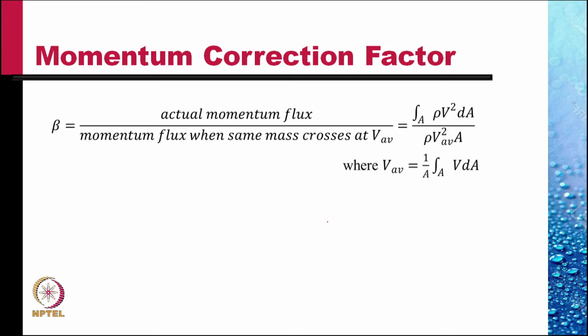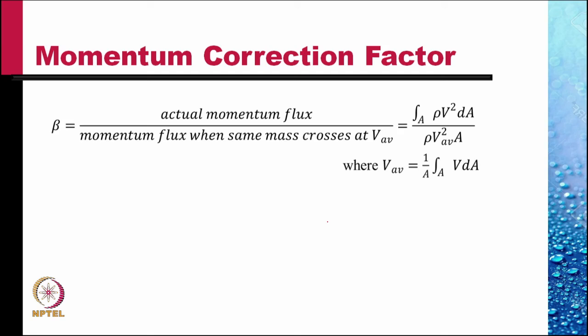So the actual momentum flux would be the integral over the whole area of rho V square dA, rho V dA times V. And the momentum flux when the whole mass crosses at V average is rho V average square times A, where V average is equal to 1 over A integral over area of V dA. We have done that before.